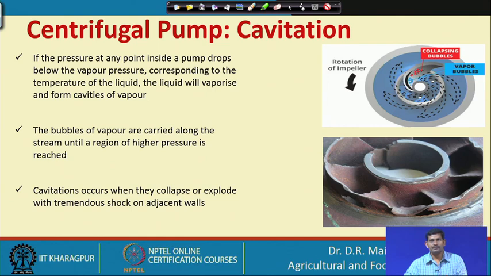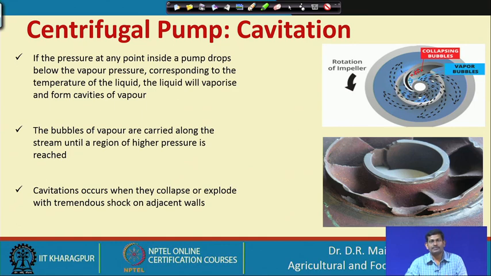When the impeller rotates and the speed increases, that increases the fluid temperature. When the fluid temperature increases, the vapor pressure rises, and the water molecules start to escape from the surface because of vaporization.